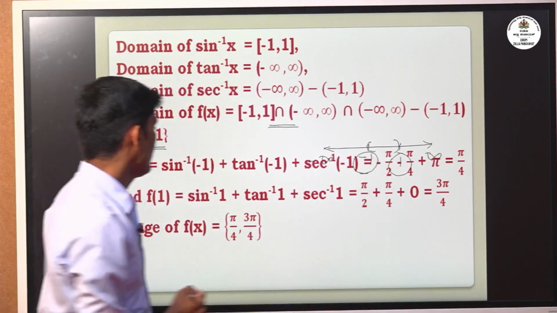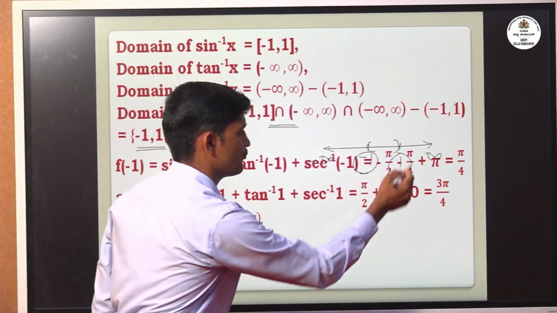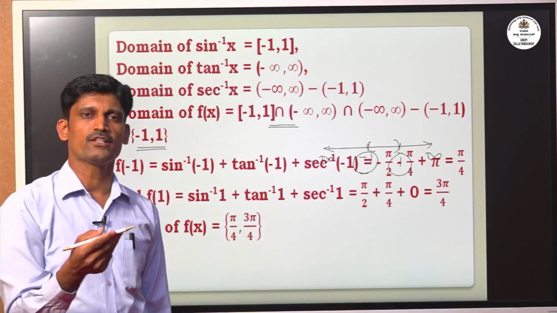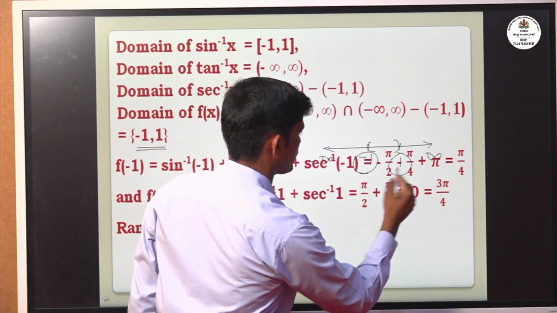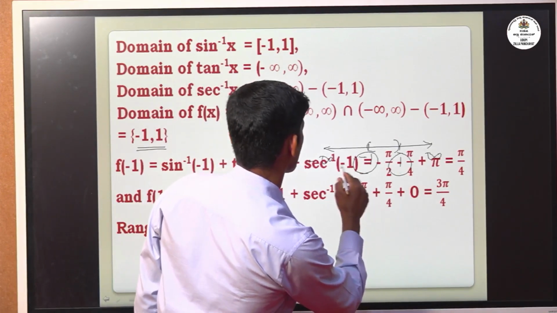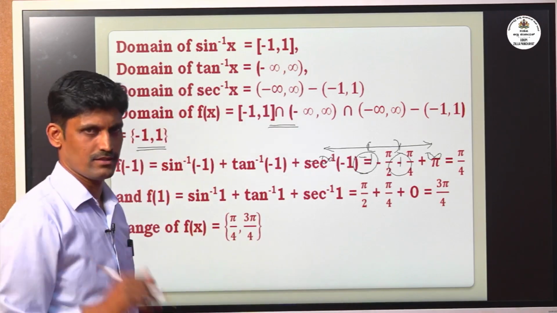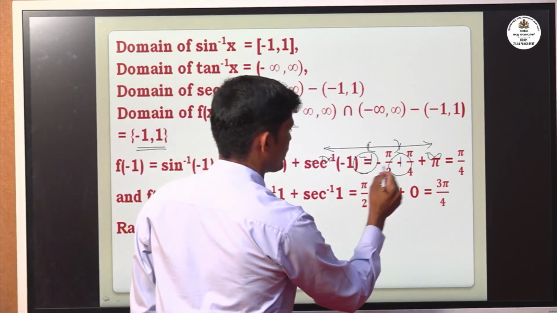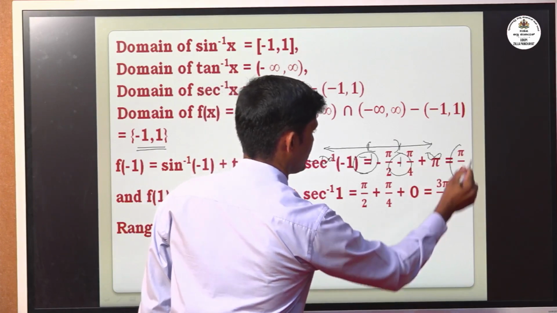And tan inverse of -1 is minus tan inverse 1, that is -π/4, plus secant inverse of -1 is pi minus secant inverse of 1, and pi minus secant inverse of 1 is 0, therefore it is pi. So -π/2 minus π/4 plus pi is equal to pi/4.